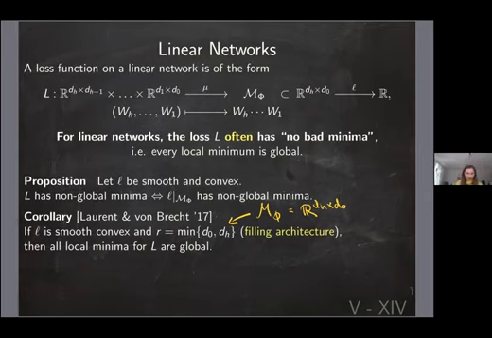And if I have a smooth, convex function on a vector space, then that one clearly has just a single local and thus global minimum. And because of this equivalence, this is now also true for the loss on the weight space.